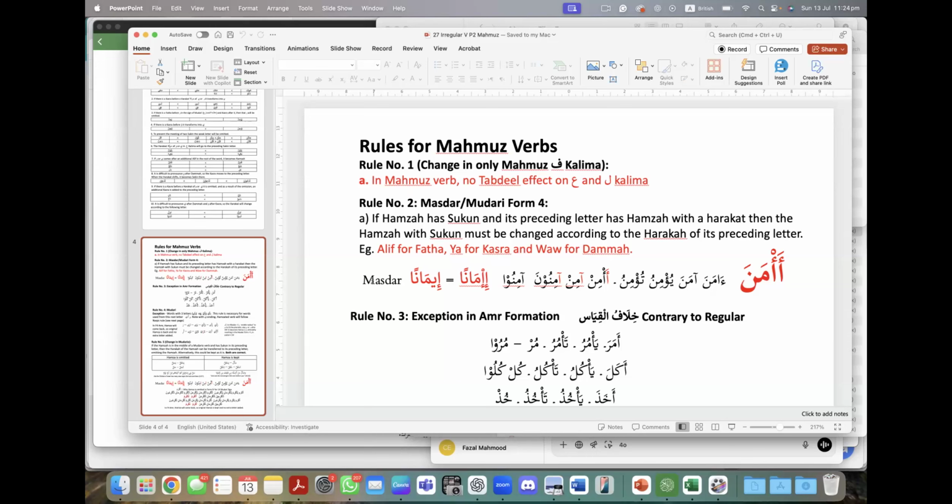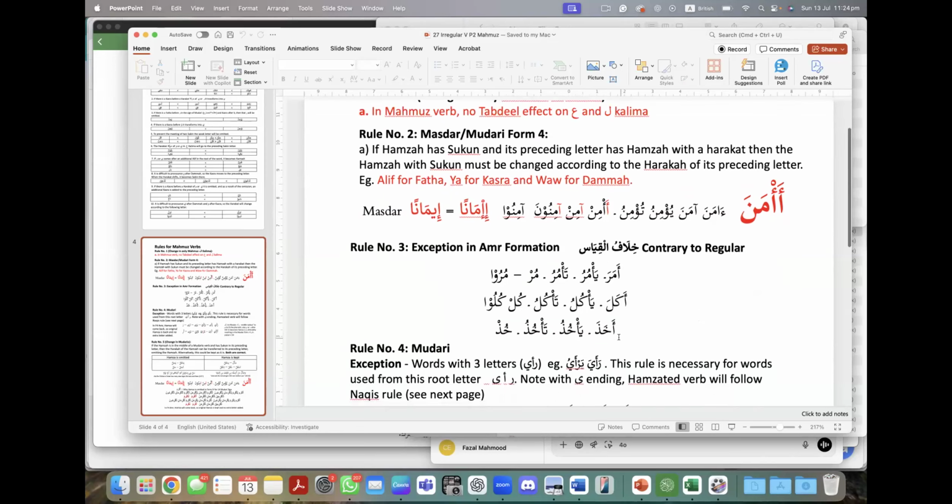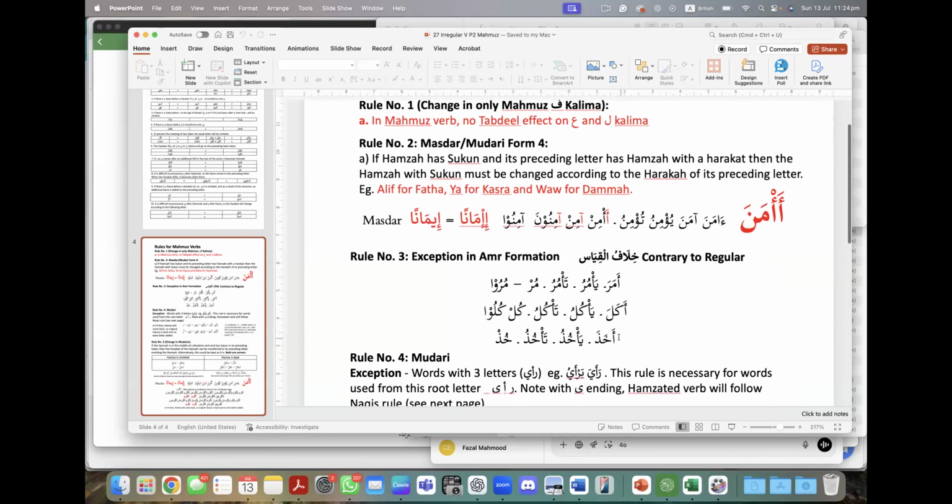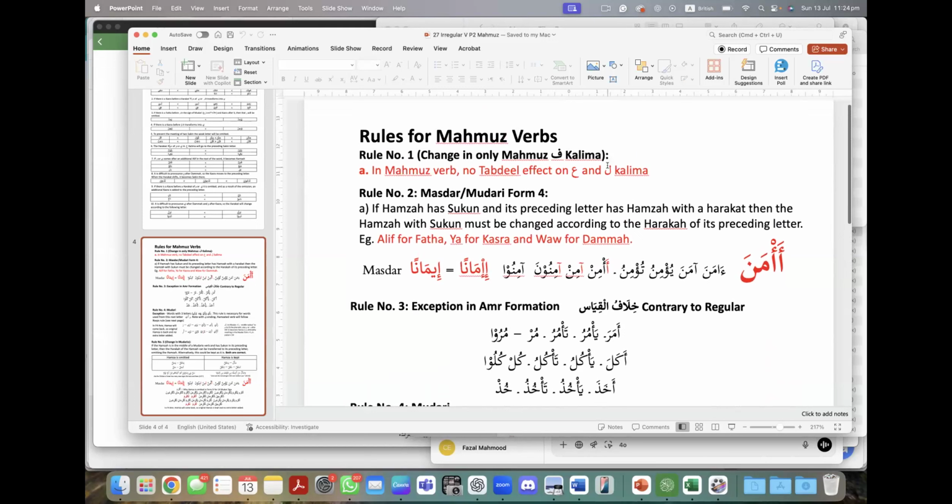You will learn other rules that apply here generally, but only special rules appropriate to Mahmuz will apply to the fa kalima. So that's number one. For the fa kalima, nothing will change. No ta'lil effect there.